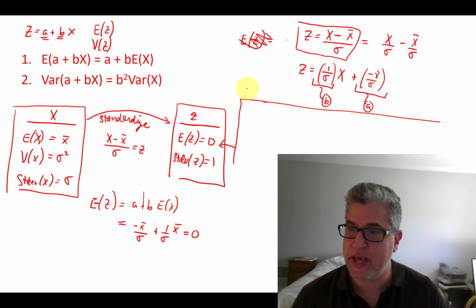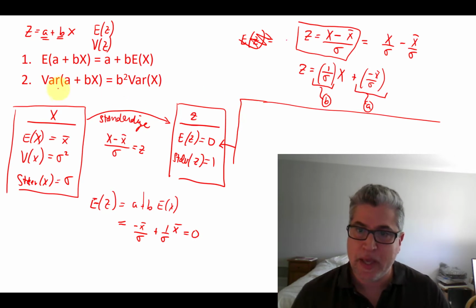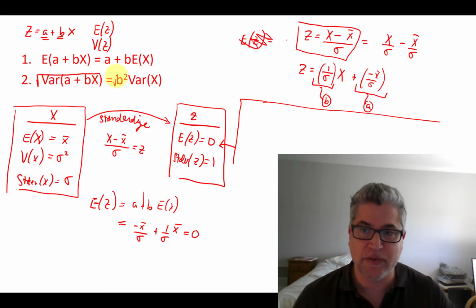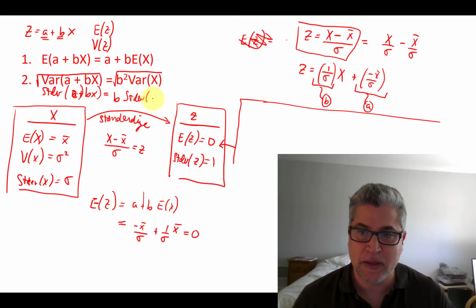What about the standard deviation of z? It's going to be easier for us to work with taking the square roots of both sides. So the standard deviation of our transformed variable, a plus bx, is equal to b times the original standard deviation.